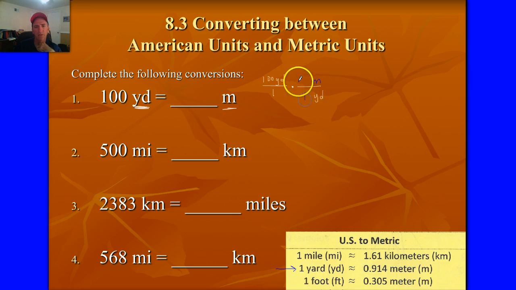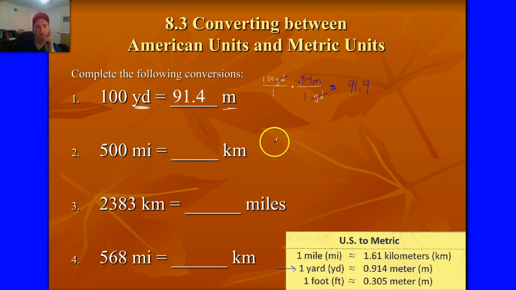That 1 yard is about 0.914. A yard cancels out, so I take 100 times 0.914. Oops, there's a sloppy equal sign. Multiply that on your calculator, and you should get 91.4, which is the answer, approximately, really.